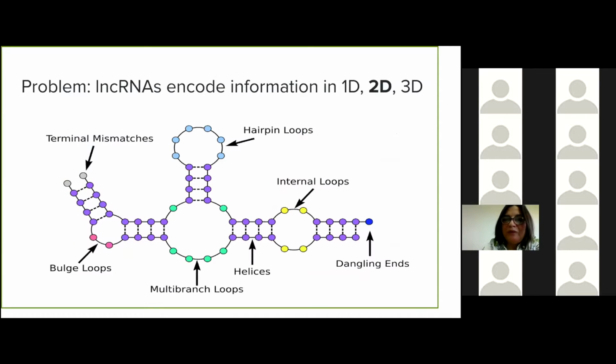When we observe this problem, we find that it is quite different from the problem we observe for proteins, because long non-coding RNAs encode their information mainly in the two-dimensional setting. That is, it's not the composition, but the folding which determines its functionality or its participation in certain biological processes, or even its localization.